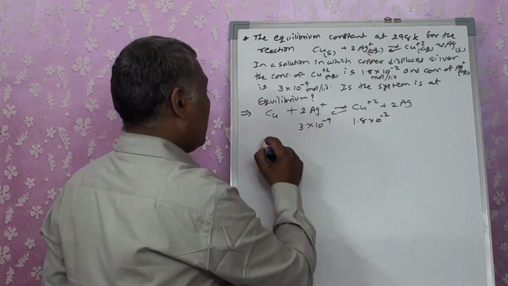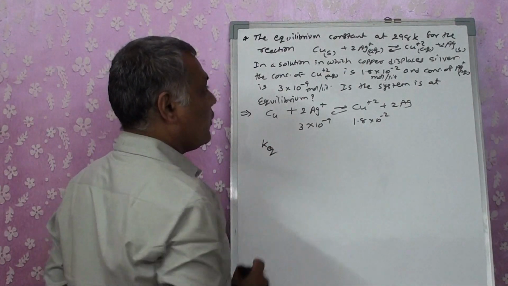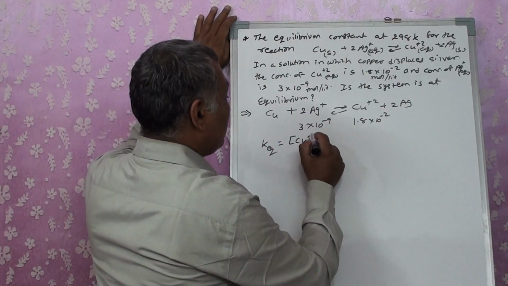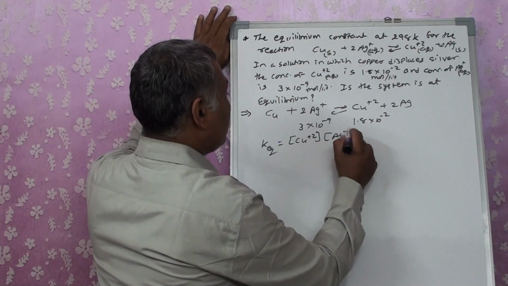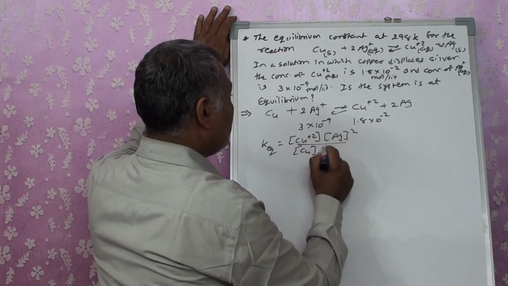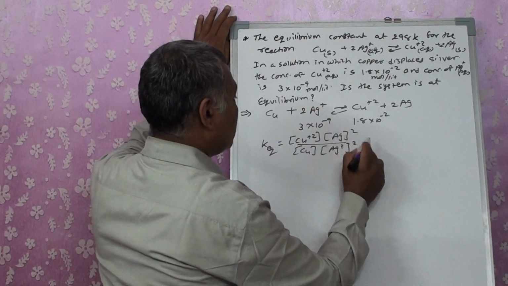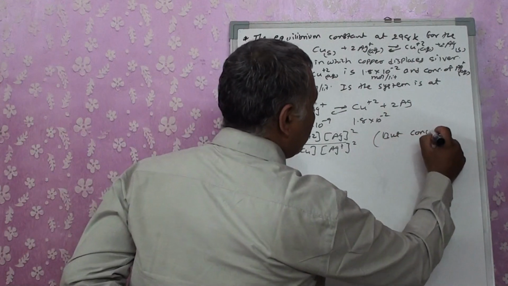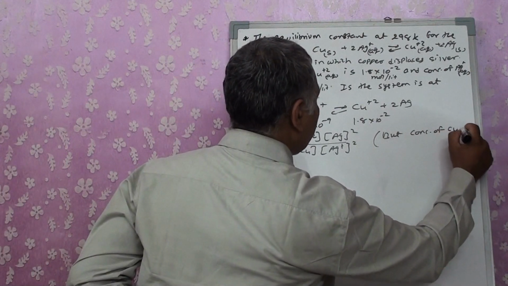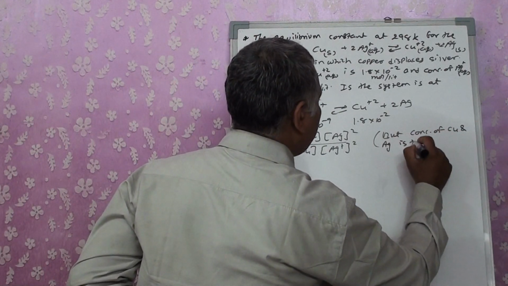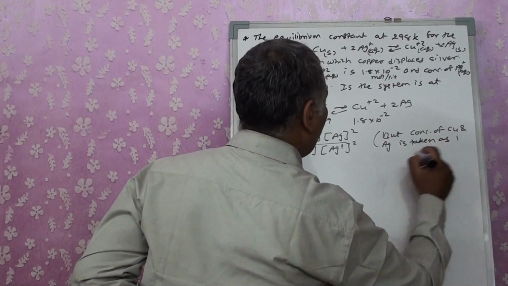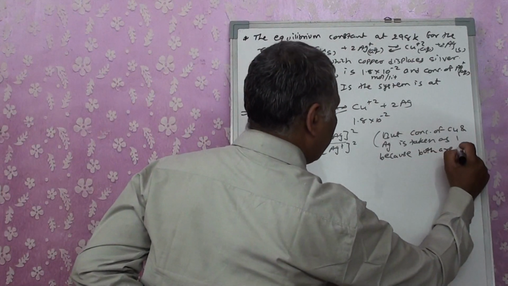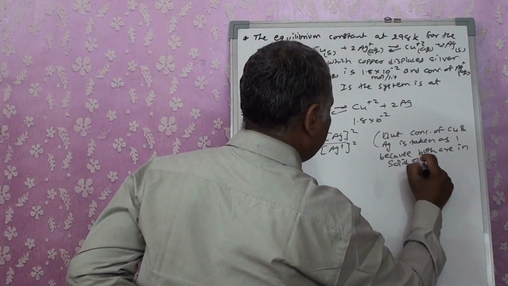If I write the expression, we get Cu2+ upon Ag+ whole square, but the concentrations of Cu and Ag are taken as 1 because both are in solid state.